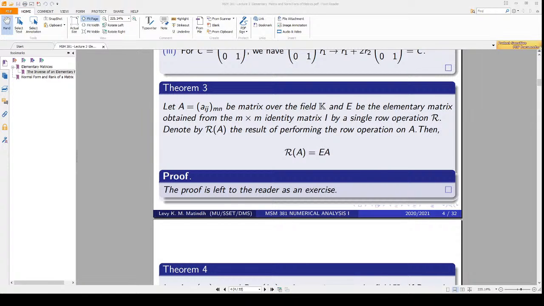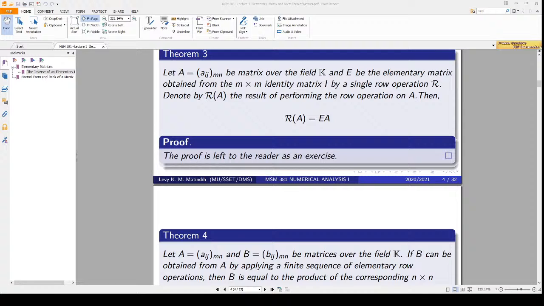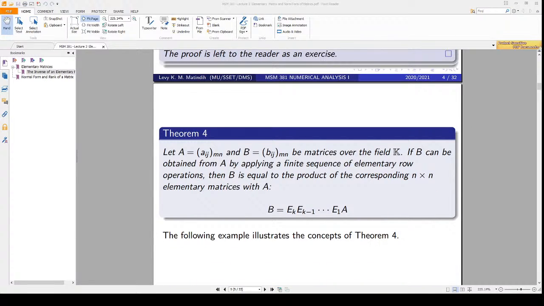So now, this is the scenario. Now, let's look at theorem number 4.